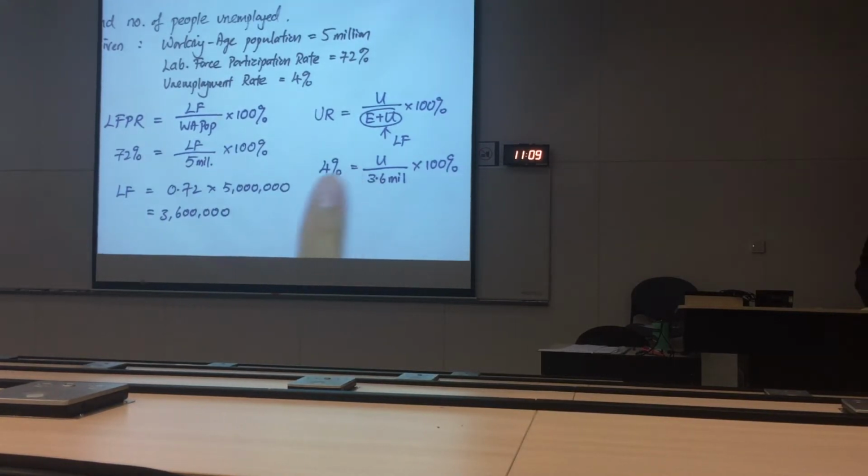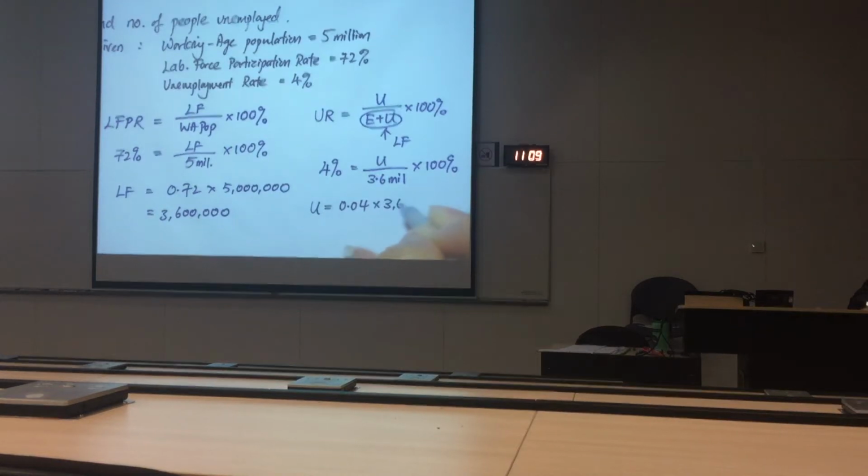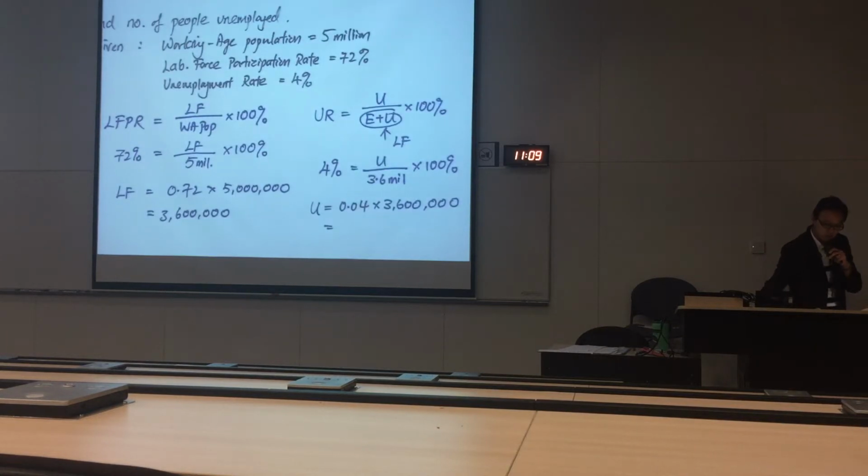Take the 3.6 million, go move this over to the left hand side, and you convert this into its decimal form to remove this. So what you should get, so it should be 900,000.